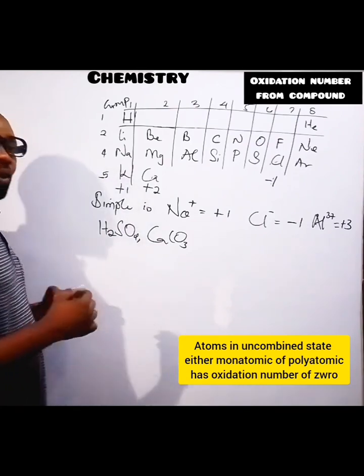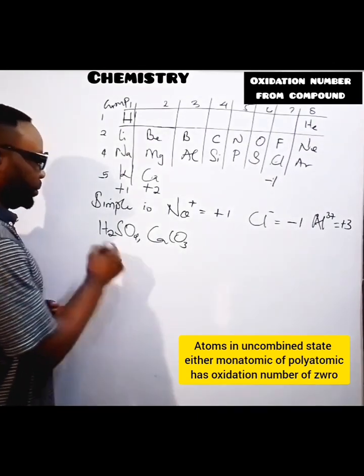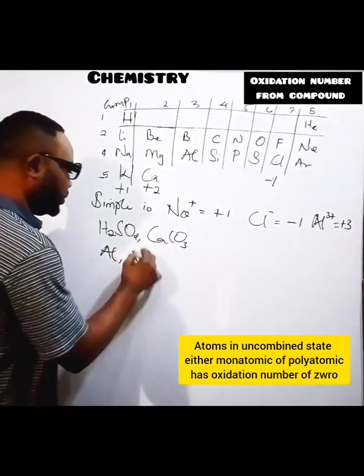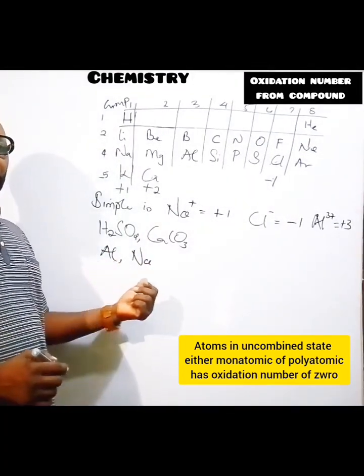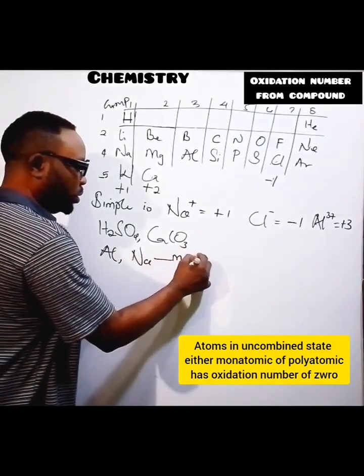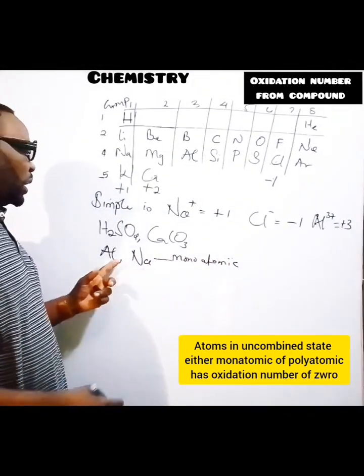When I say uncombined state, for example, aluminium in an uncombined state, or sodium, this is the uncombined state of sodium as well. These are monoatomic because each contains only one atom.